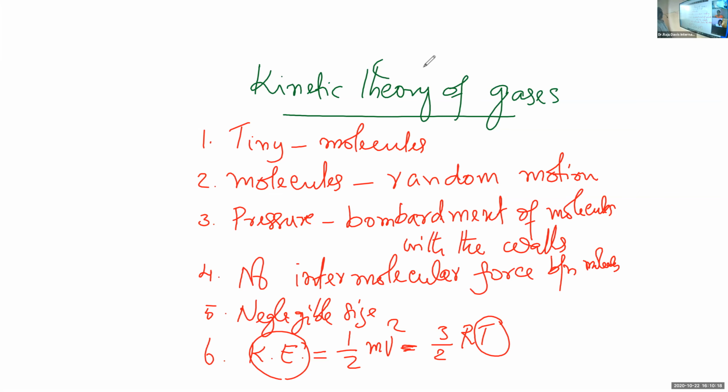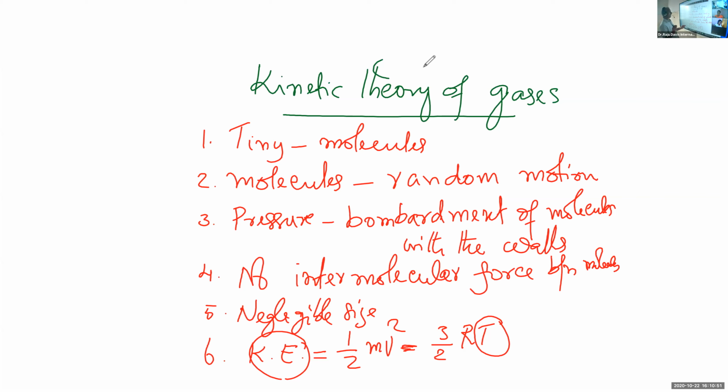So let me see the assumptions again. Gas consists of a large number of molecules, very tiny particles. Molecules are in continuous random motion. The molecules will be colliding with themselves and also with the walls of the container. The pressure of a gas is due to the bombardment, the collision of the molecules with the walls of the container. Then there is no intermolecular force of attraction between the molecules.